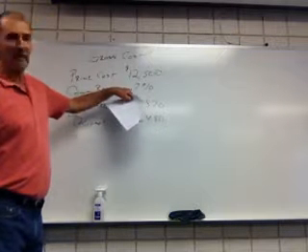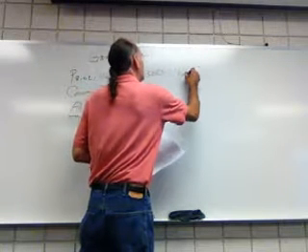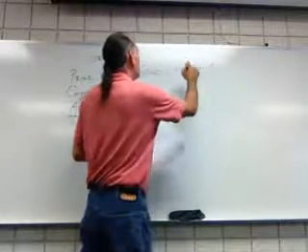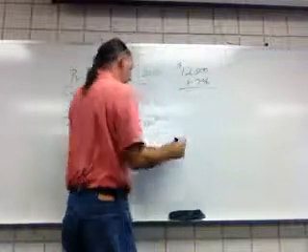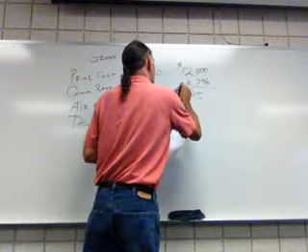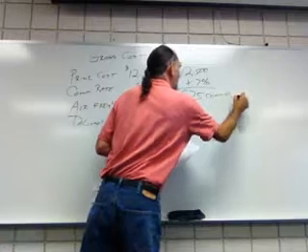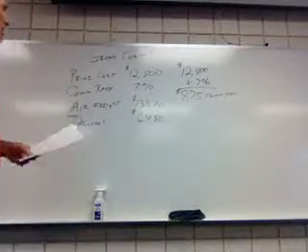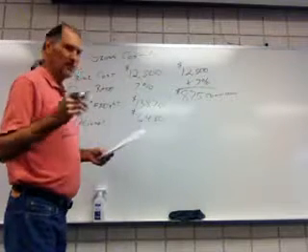I've got to find my commission, right? My commission is 12.5, times 7%. I get $875 in commission. All right. Now I also have some other charges, right?